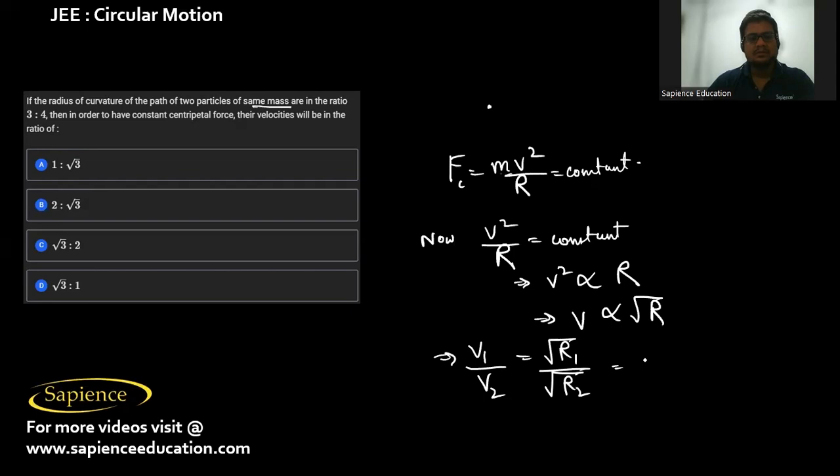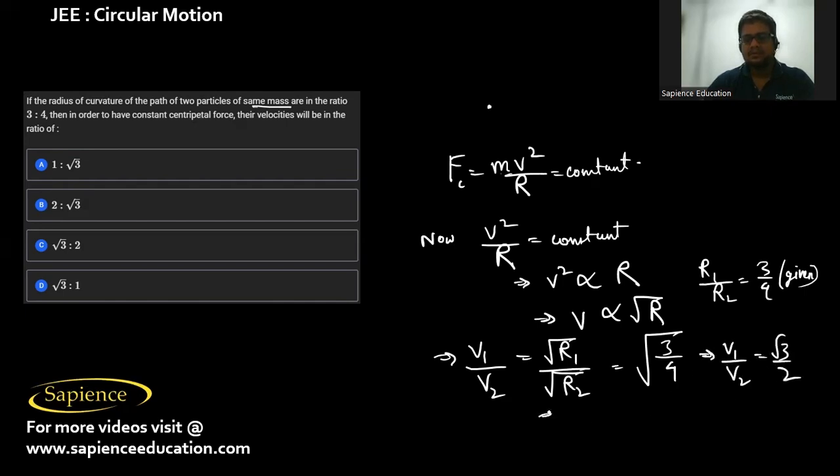So that will be equal to square root of 3 by 4, since r1 by r2 is given as 3 by 4. This is given in the question. Therefore v1 by v2 will be equal to root 3 by 2. So v1 is to v2 is equal to root 3 is to 2. So option C is the correct answer.